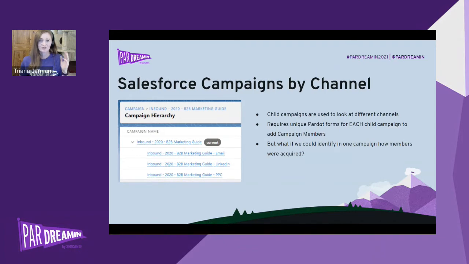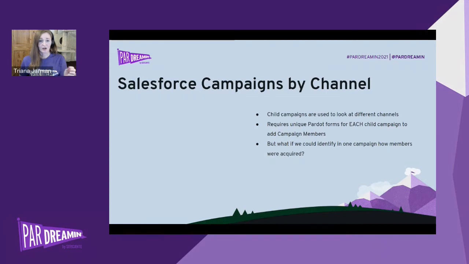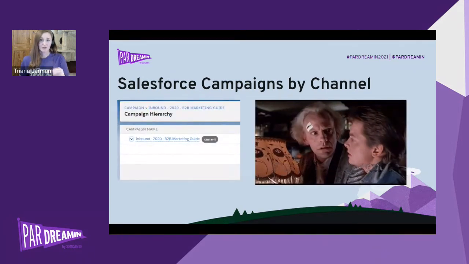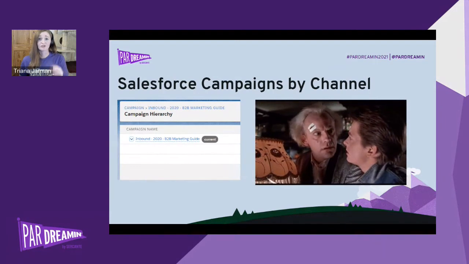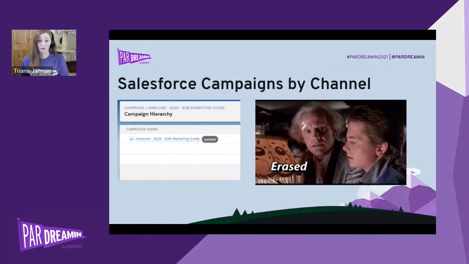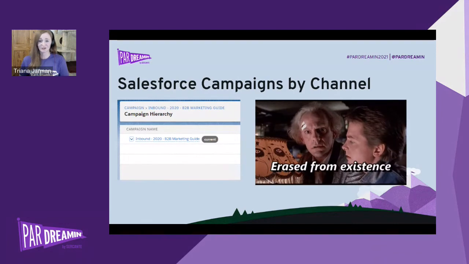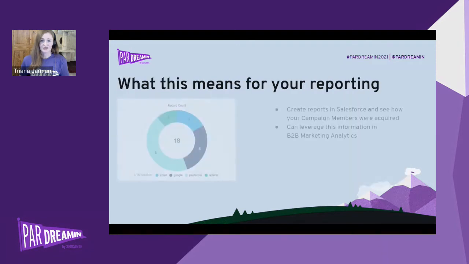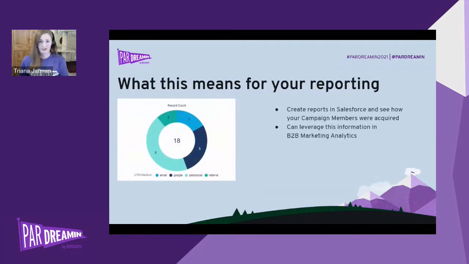There is a cleaner way to do it, which is to have just one campaign, and you use the UTM data captured at the campaign member level to then see the source of where people came from. It sounds really good, doesn't it? So what this means for your reporting is that you can create reports in Salesforce looking at the campaign with campaign members, and you can see how they were acquired.